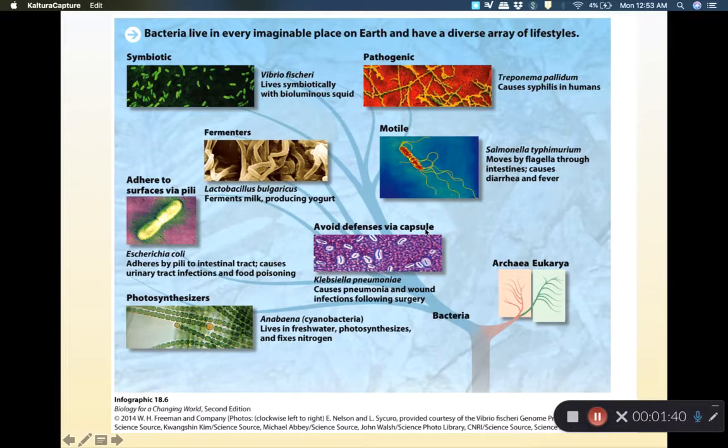Again, I want to start this lecture by centering us where we're at in the tree of life. We're in the area of prokaryotes, which include archaea and bacteria, and specifically in bacteria. Today we're going to talk about a wide spectrum of bacteria, looking at things that live symbiotically, things that are pathogenic, fermenters, the motility of different bacteria.